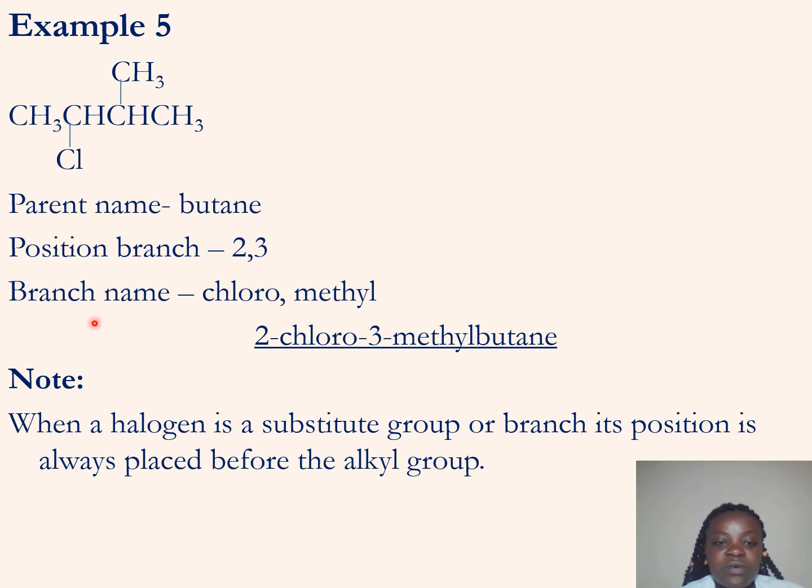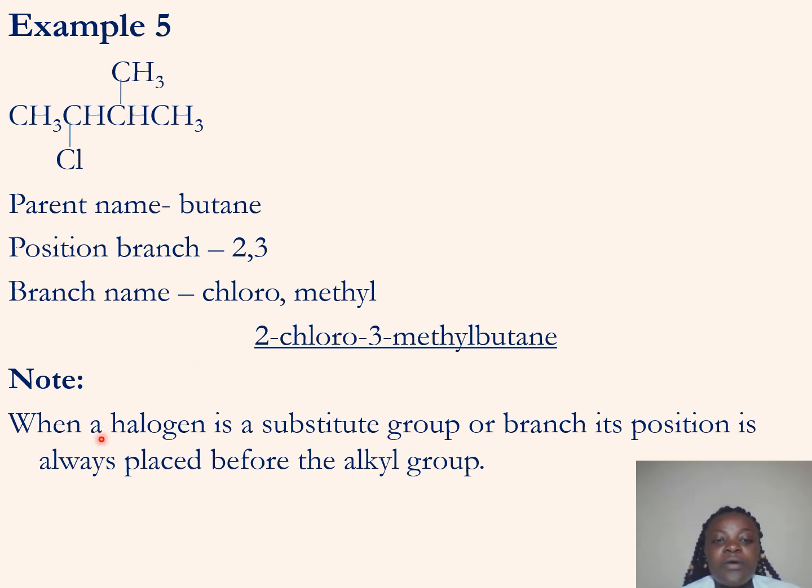So we have to start naming the halogen. The position of the halogen comes first. At position 2, we have a chlorine, so that will be chloro. Then at position 3, we have a methyl group. So now we first name the halogen, so 2-chloro, then 3-methyl butane. So 2-chloro, 3-methyl butane. That is the name of that isomer.